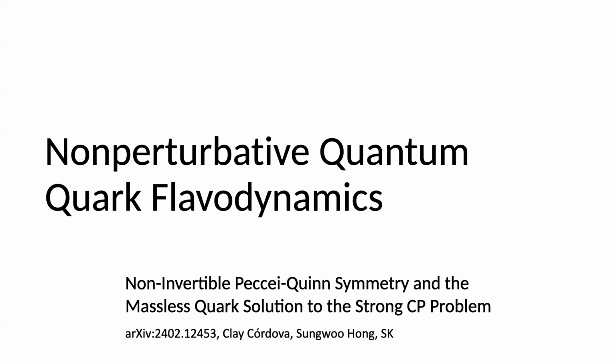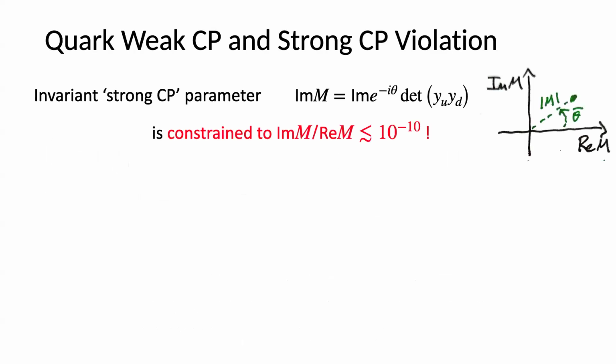But in the quark sector, of course, we don't need exponentially small Yukawas, but there is another very severe naturalness problem, and that's the strong CP problem. More severe and more subtle to understand, but let me try to briefly remind you.